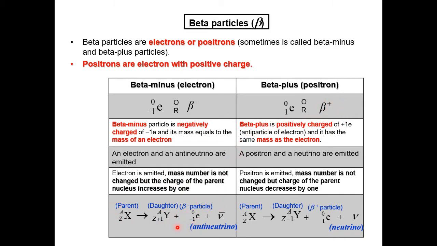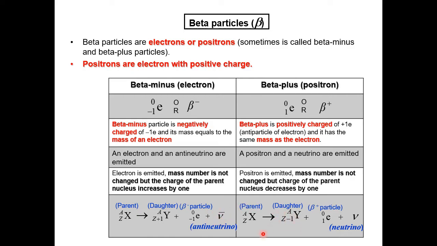And this is the production from the decay process. From parent nuclide X will produce Y, which is Z plus 1, plus an electron, which is beta minus, plus an anti-neutrino, or you can say ν bar.